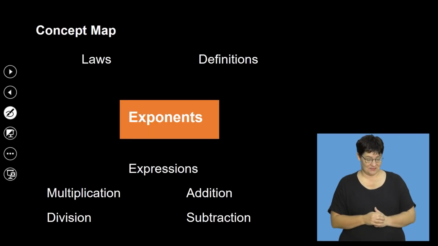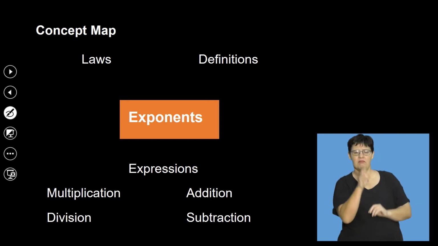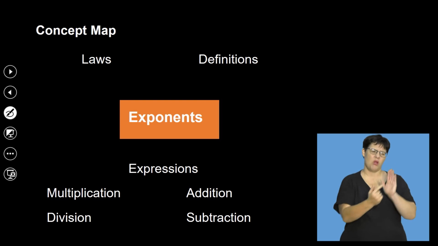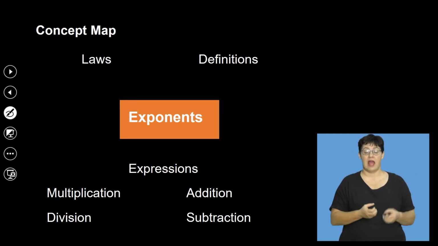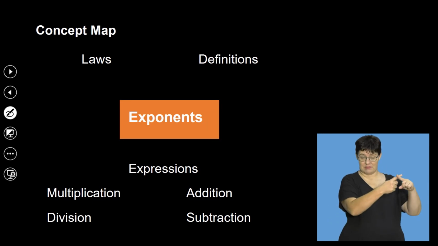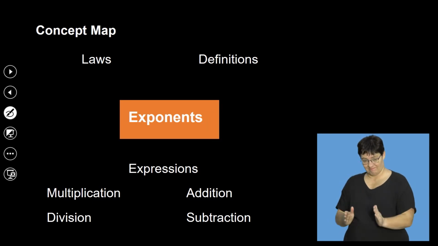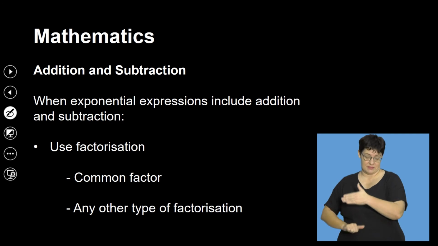Hi guys, welcome back. So right now we're going to look at the concept of the addition and subtraction of exponential expressions. Remember our mind map, we've been looking at the concept of exponents together with its laws and the definitions. And then when it comes to expressions, we've dealt with the multiplication and division. Now we're going to mainly focus on the addition and the subtraction, right?